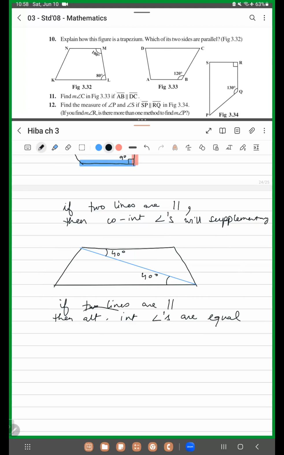That if alternate interior angles are equal, then the two lines are parallel. Getting it? So we can see that since these two alternate interior angles are equal, hence we can say that these two lines are parallel. And since they are parallel, then it is a trapezium.